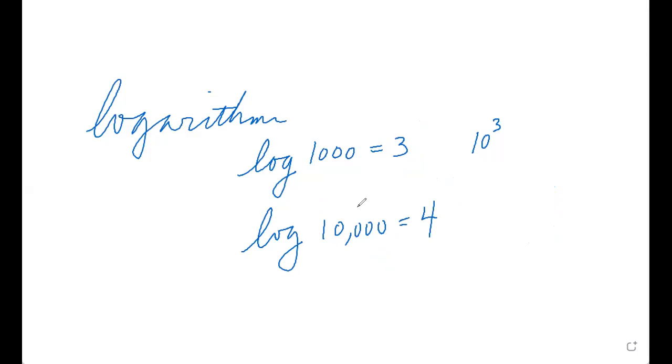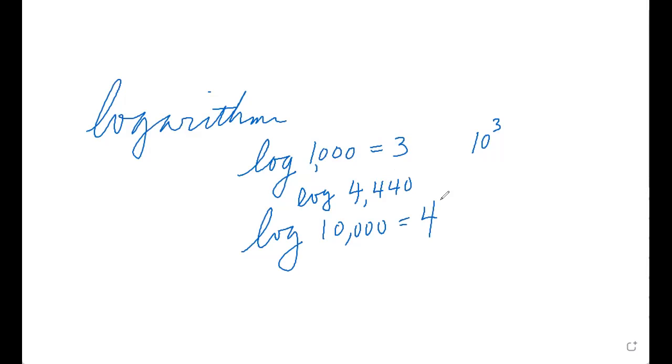Now, as you know, we're not just going to be applying simple numbers. It does get a little bit complicated. Let's say we want log of a number between 1,000 and 10,000, like 4,440. Obviously, it's not going to be that easy.